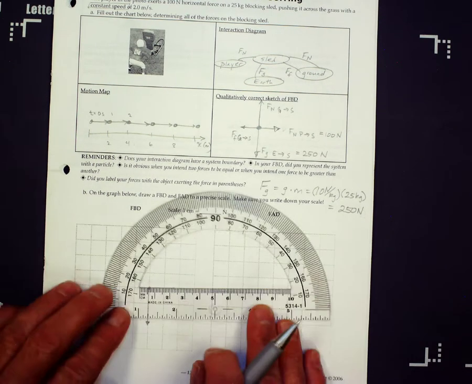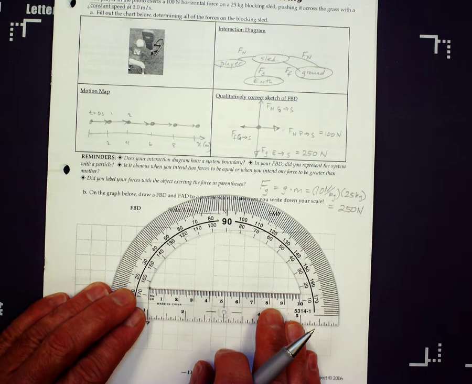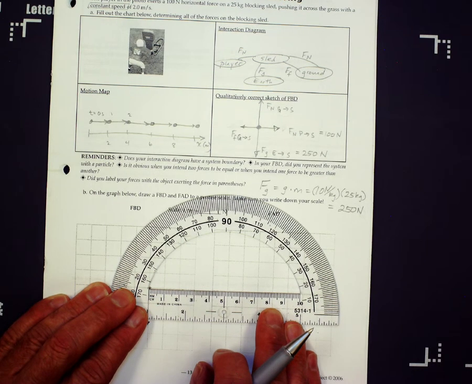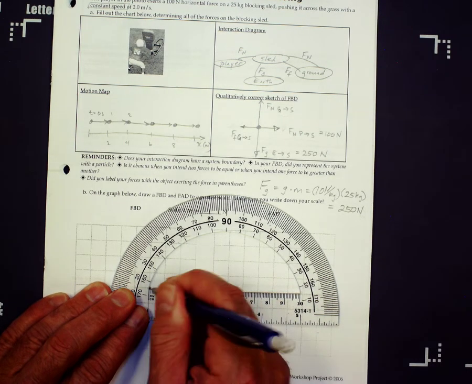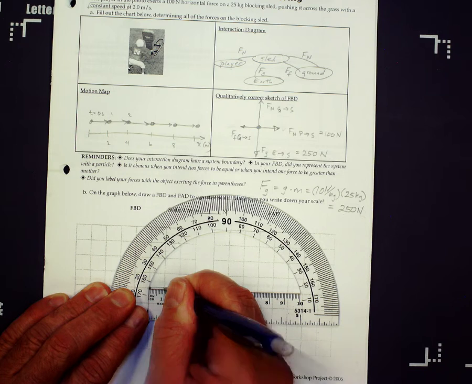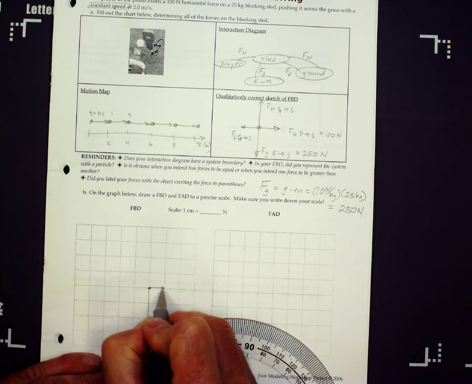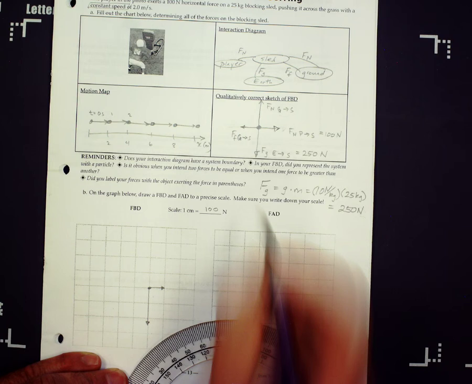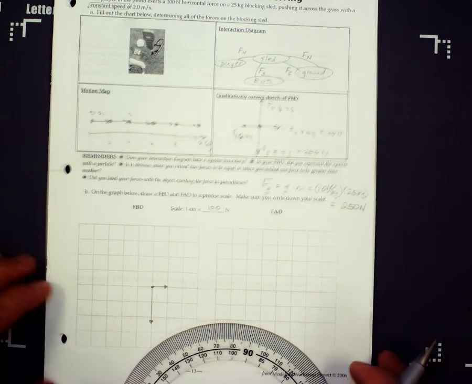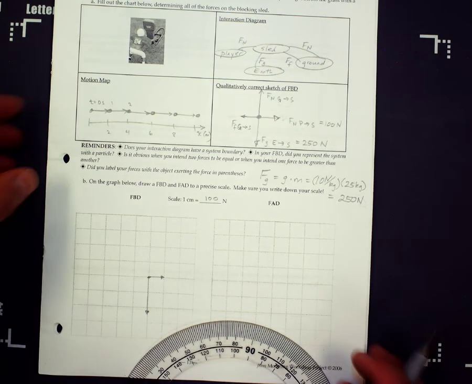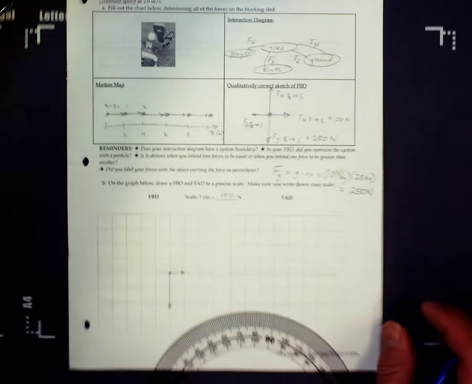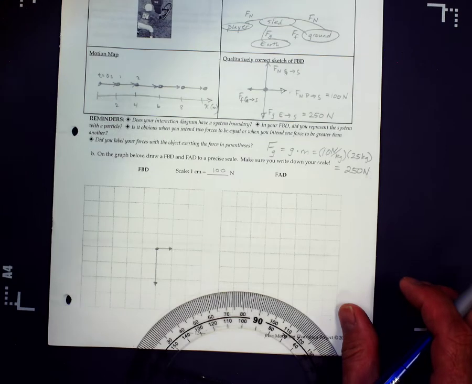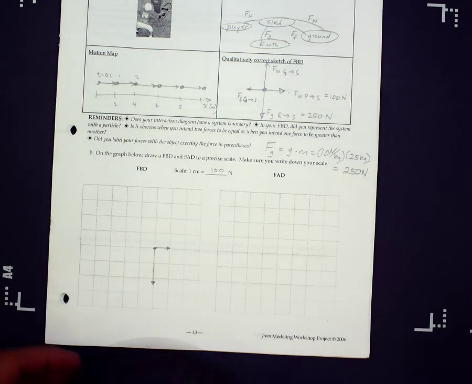Okay, and that means the normal force of the player on the sled is going to be, what, 1 centimeter, right? So here, let me just put this in here to remind myself: 1 centimeter equals 100 newtons. So all I'm doing now is, I'm going to scoot the camera a little, just drawing a scale drawing.